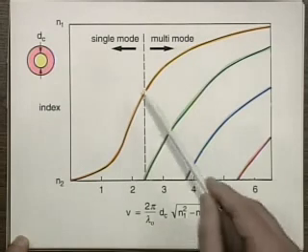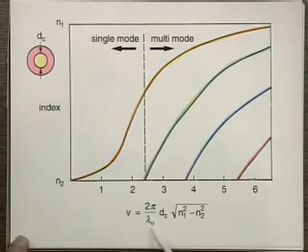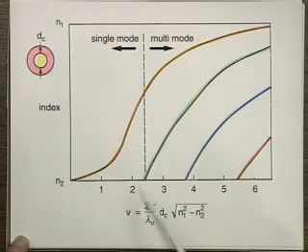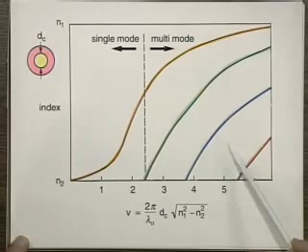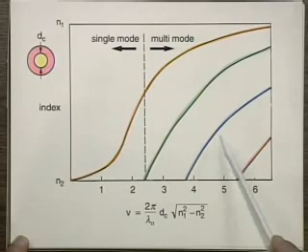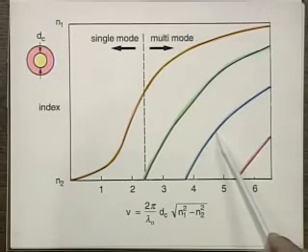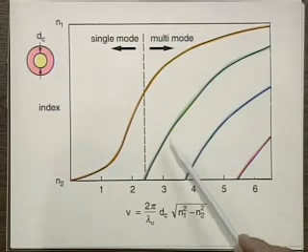So a single mode fiber is one where the V parameter, which means the size of the core, the wavelength, and the difference in the indices, gives you a V parameter smaller than 2.4, and that's single mode. If, let's say, you change the wavelength, you make it shorter, V will go up, and then you'll start getting all these multi-modes, just like I showed you before, and then you'll be in trouble. So that's for some applications, not all applications.